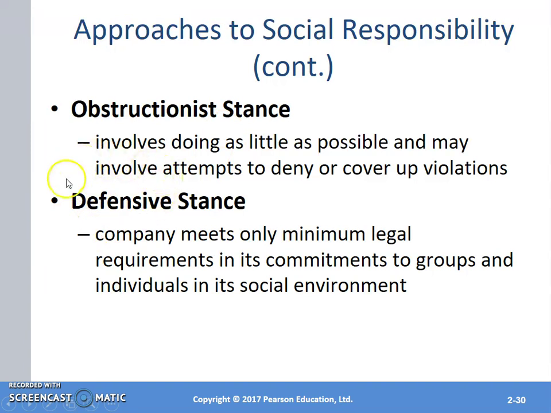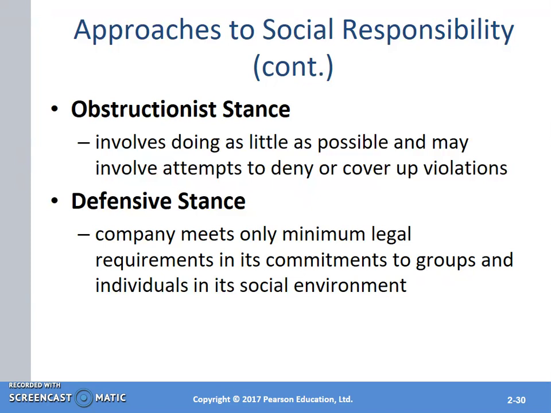Okay, and then the second level of social responsibility, we call it defensive. Defensive means that the company only meets the minimum legal requirement and its commitment to the group or the individual in the social environment. The company does the social responsibility just because they want to avoid any legal action.